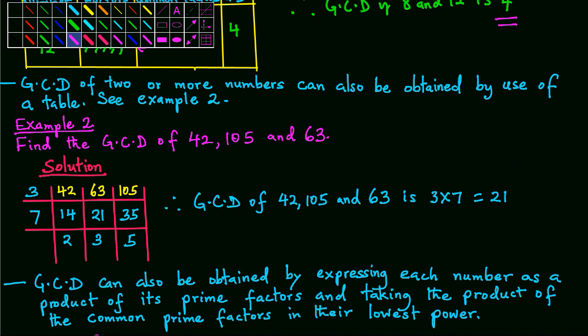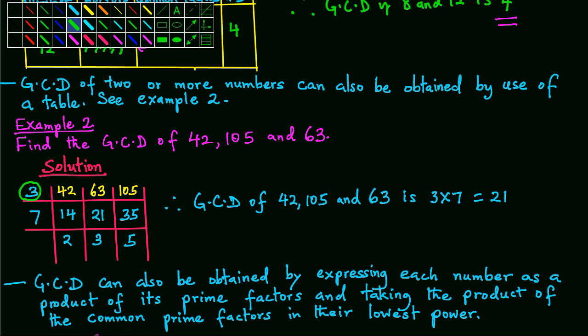So here we generate a table. In the table we look for factors that divide all the 3 numbers without any remainder. So in our first case, we have 3, which divides 42 14 times, 63 21 times, and 105 35 times.